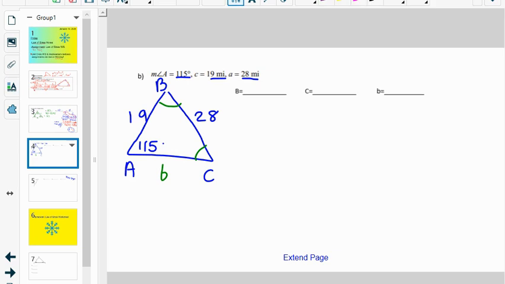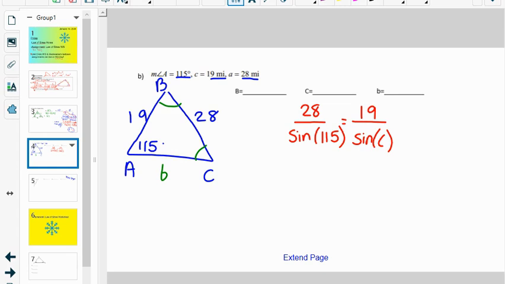Now, because I don't know angle B or side B, I'm not going to start by finding angle B or side B first, because I don't know either of those. So let's start with finding angle C. Something we do know is side A and angle A. So we can set that up as A over sine of A. What we don't know is angle C. So this time I'm going to put sine of C and then 19 on the top because that's the side.